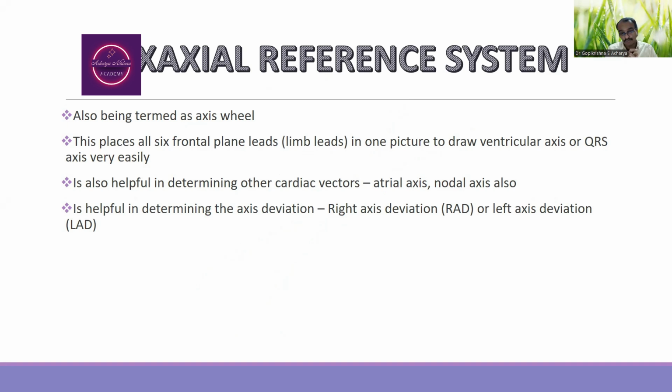It is also helpful in determining other cardiac vectors: the atrial axis and the nodal axis can be drawn from this hexaxial reference system. The significance of this axis wheel is to know about axis deviation, that is, right axis deviation or left axis deviation.